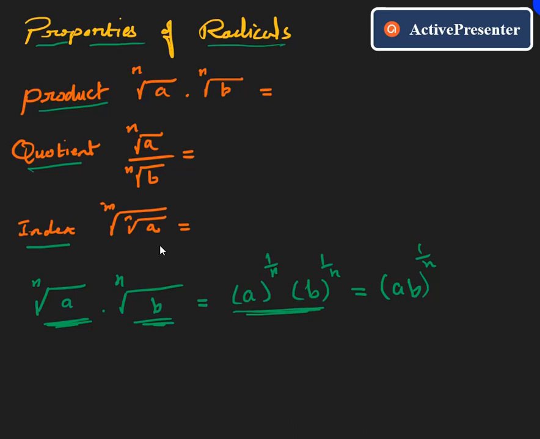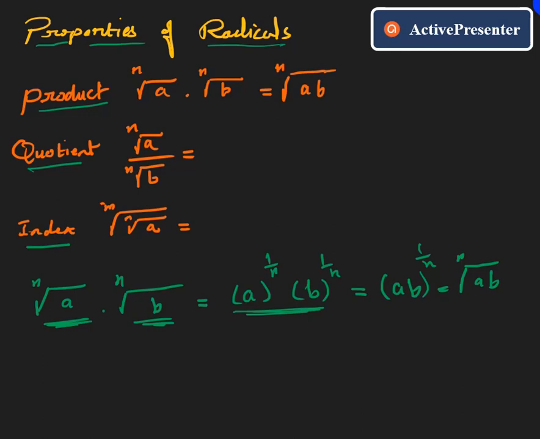This can be written as the nth root of a b. So our first property: the nth root of a multiplied by the nth root of b is the nth root of a b.